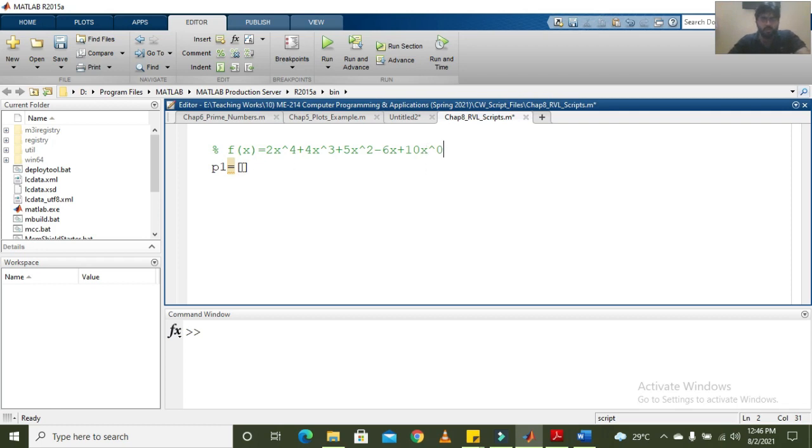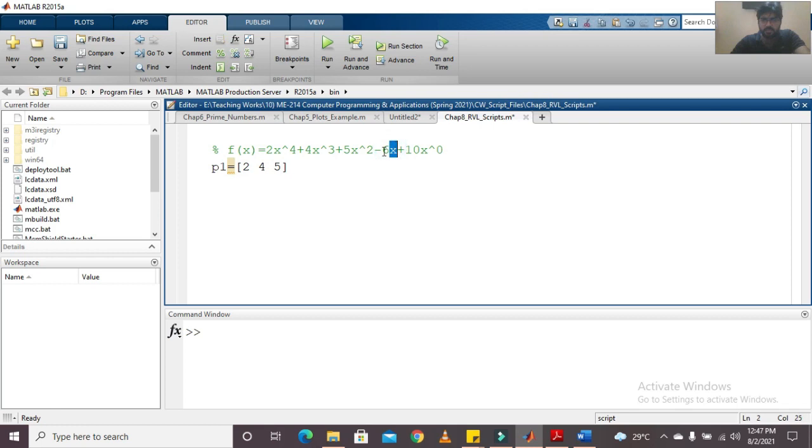Here we will write down the coefficients of this polynomial. Let's say x to the power 4 has a coefficient of 2, so I am going to write down 2. Then x to the power 3 has a coefficient 4, so I will write 4. Then x to the power 2 has a coefficient 5, so I will write 5.